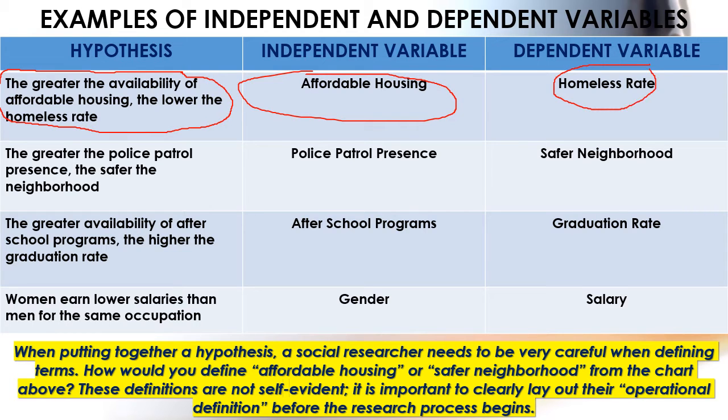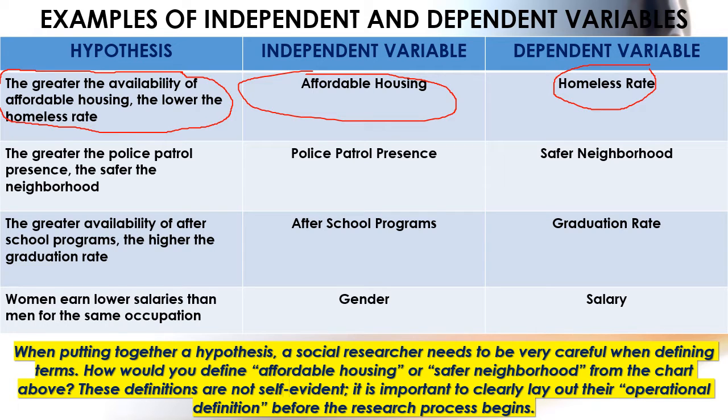So they're going to be studying different cities and the availability of affordable housing in different cities. And then once they have figured out that independent variable, they'll compare it with the homeless rate in those cities and see if the two are correlated and if their hypothesis is proven.